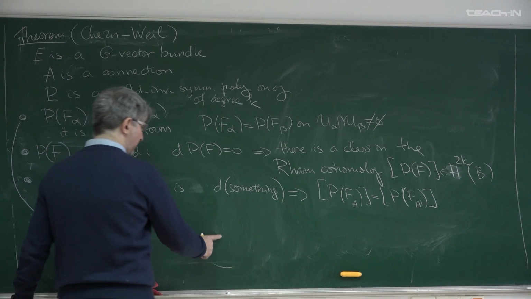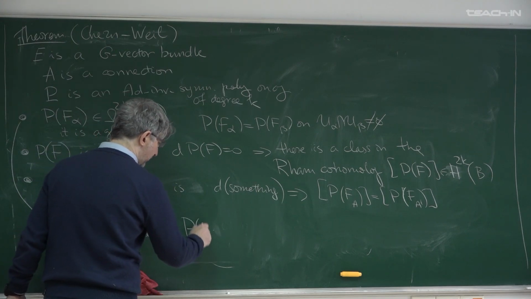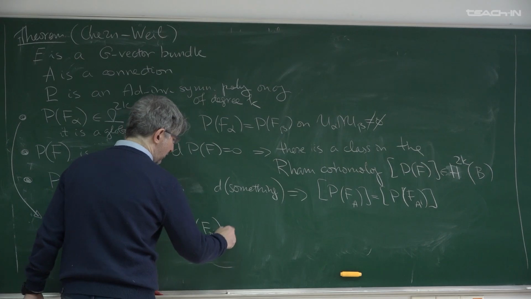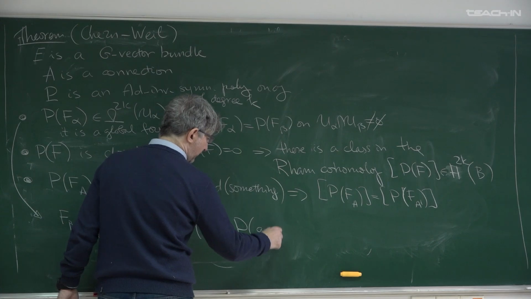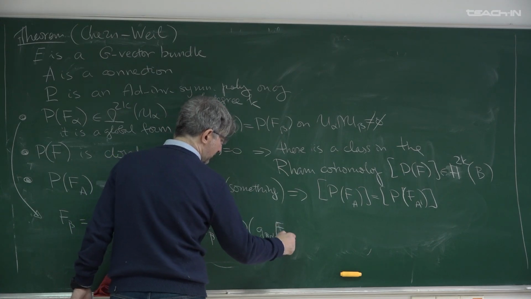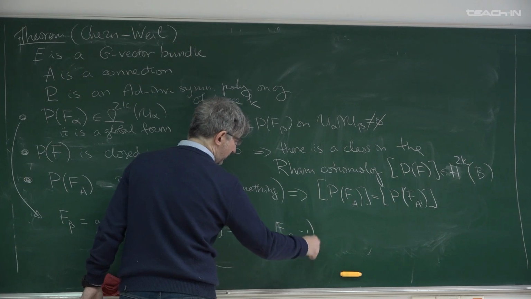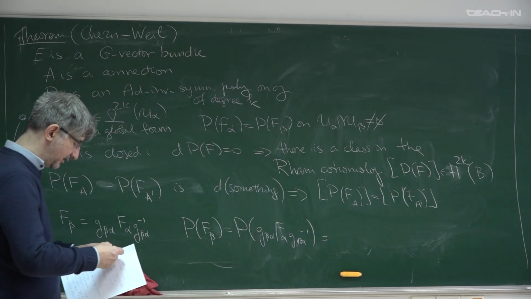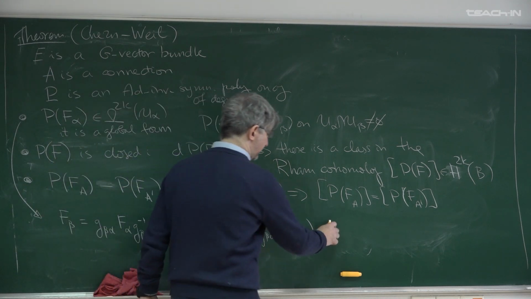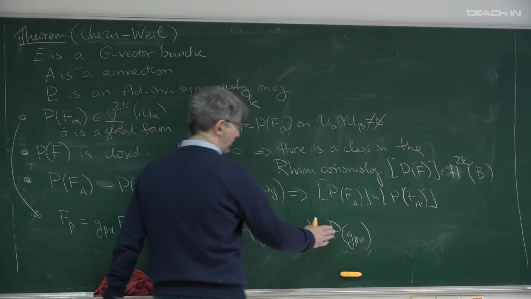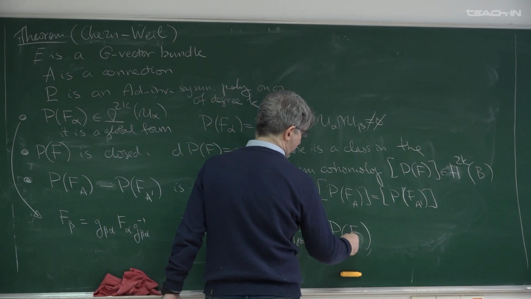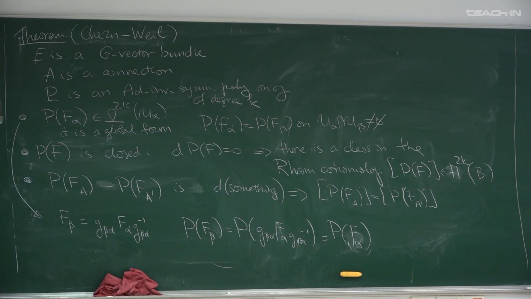So if you calculate this thing, on the intersection for sure, you get g beta alpha F alpha g beta alpha to the minus 1. And since this thing is Ad invariant, oh, sorry, F alpha. That's all. So we obtain a global form. Very good.